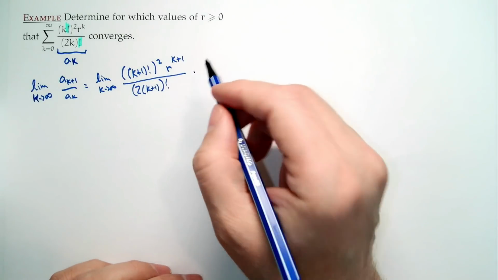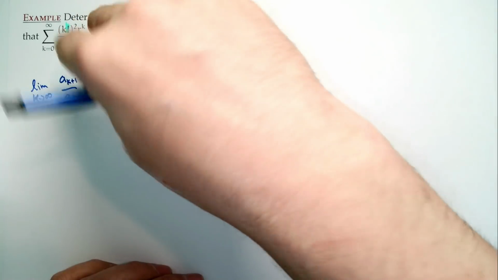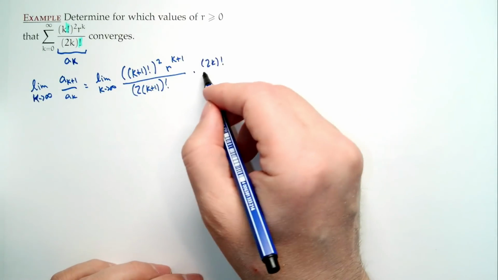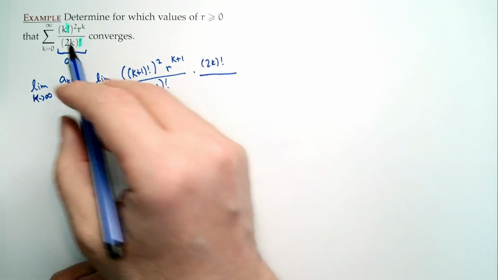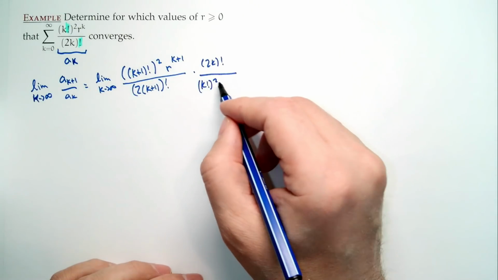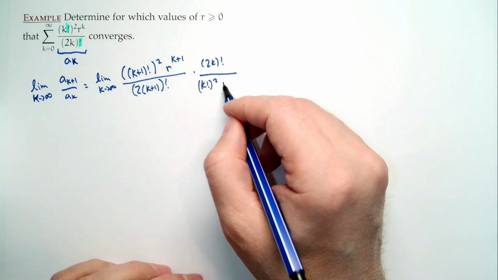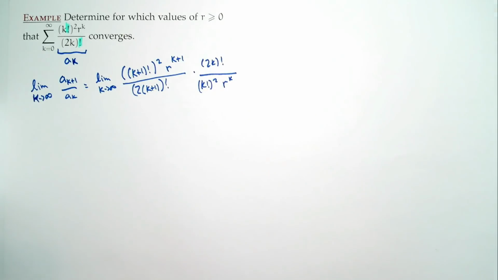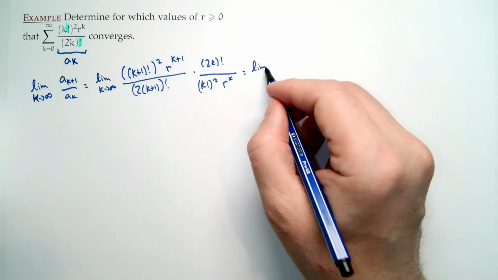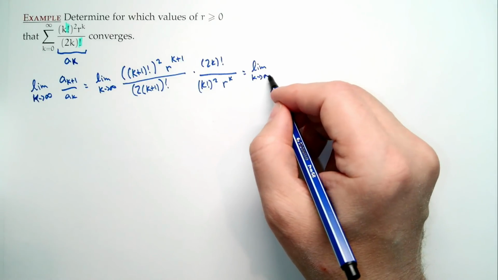And now, what's our a sub k? Well, we're just going to flip it over. So 2k factorial, and then we're going to divide that by downstairs k factorial squared, and then r to the power k. All right. Now, oftentimes it's helpful to see what's going to happen next by doing a little bit of regrouping.